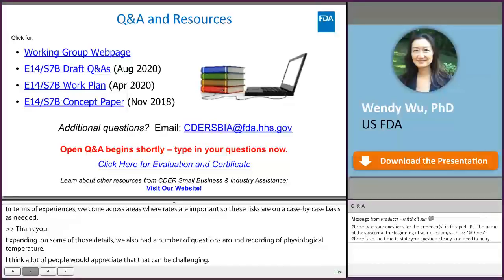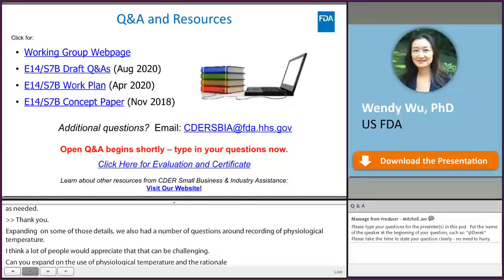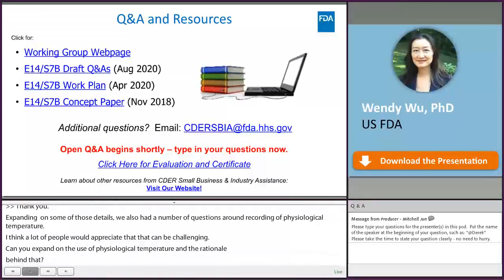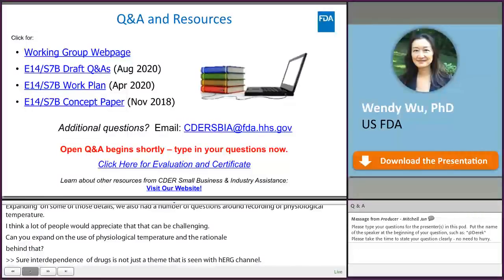Sure. So this was covered in my presentation. Physiological temperature dependence of drug ion channel interaction is not just a thing that's seen with hERG channels, it's seen with other channels as well. And so the S7B Q&A 2.1 recommends physiological temperature recording for the relevant ionic currents.